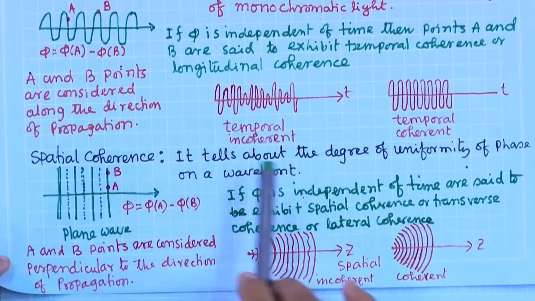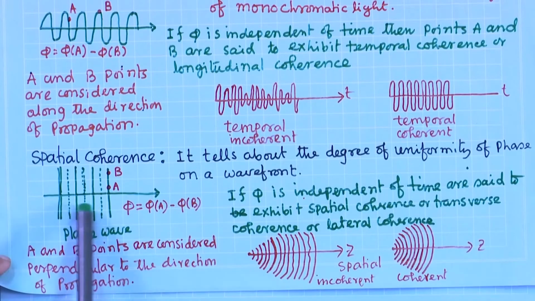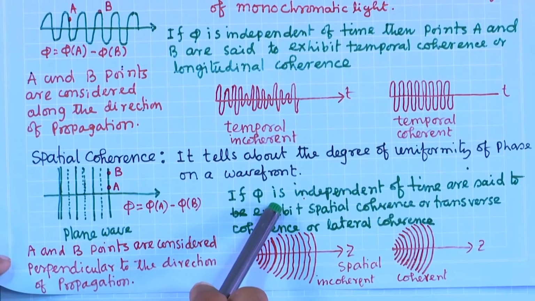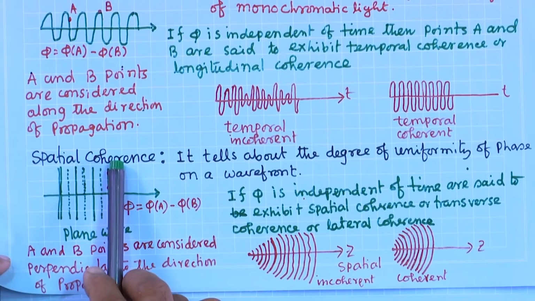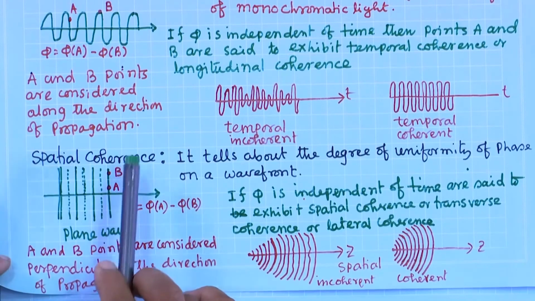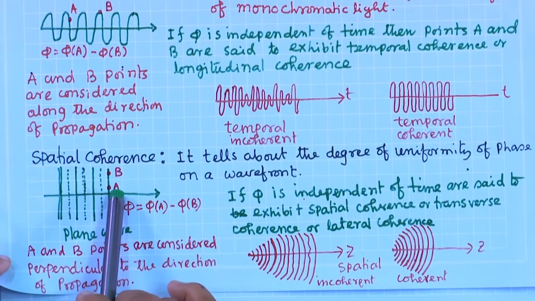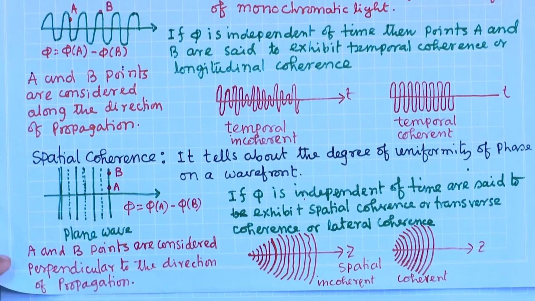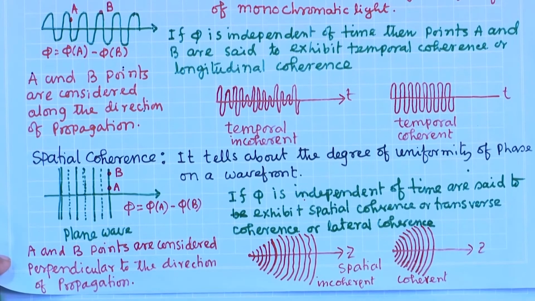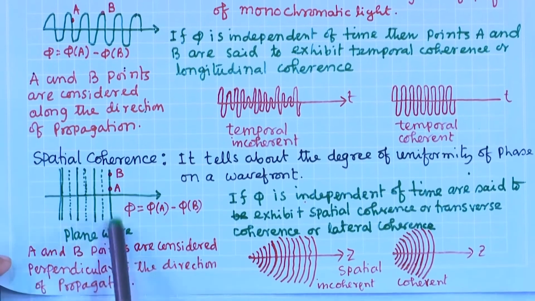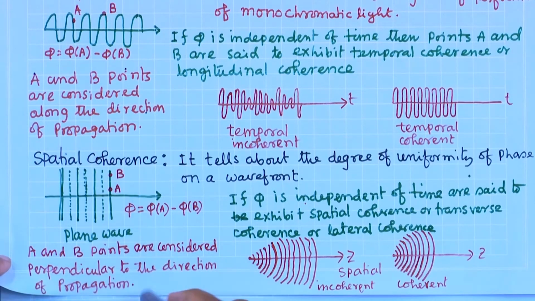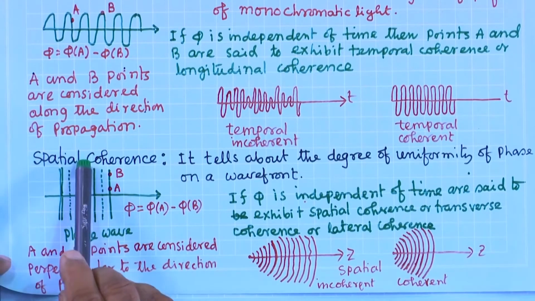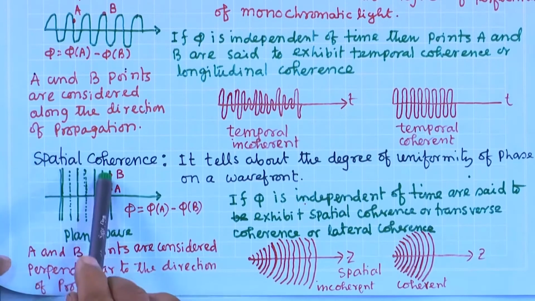From this discussion it is clear that when the wave is travelling in this direction, in the transverse direction if we take 2 points, they have to be on the same wavefront. In the case of a spherical wavefront, the points will not be on the same perpendicular line, but A here and B here, on the spherical surface.